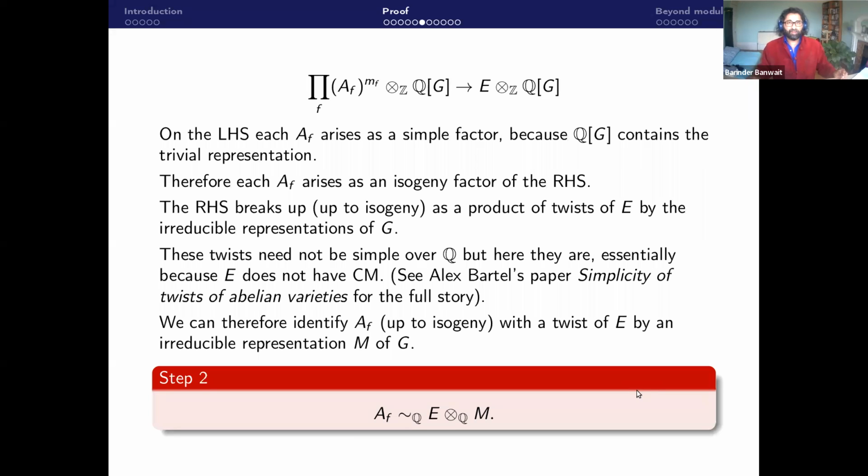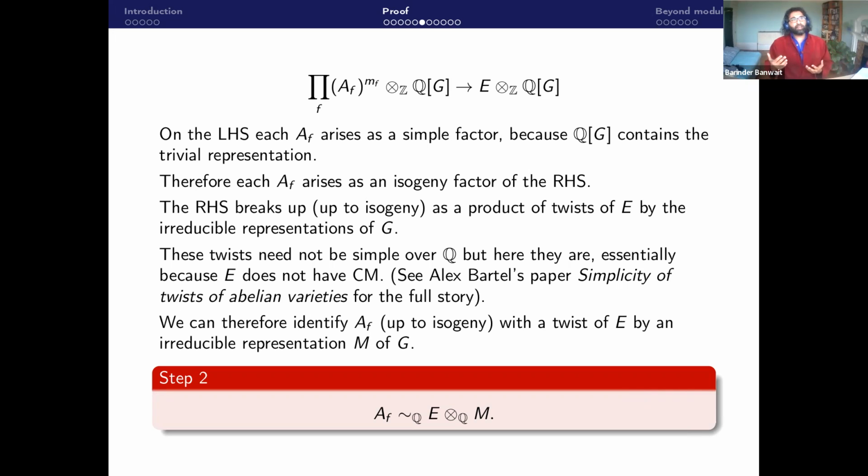Okay, so that's it. Barinder, can you explain what E tensor M means? What kind of object is this? Yeah, so this is an abelian variety. The construction, one can see this in Milne's paper. It is an object that represents a certain functor of points.